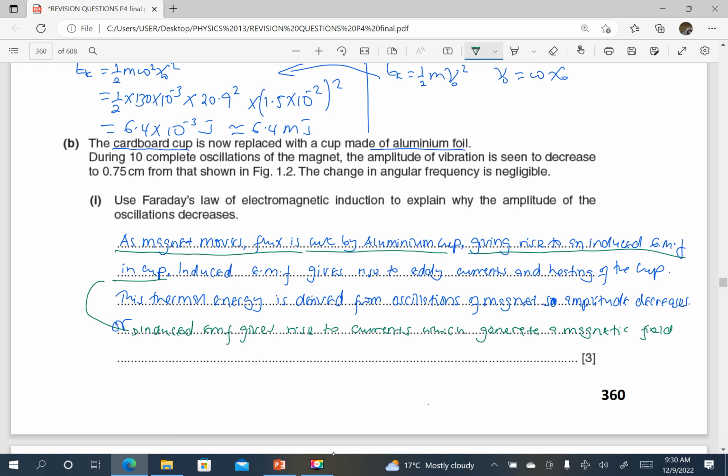So the induced EMF in the cup creates a current, which again generates a magnetic field in the cup. This magnetic field is going to oppose the magnet according to Lenz's law. So the magnetic field opposes motion of the magnet.